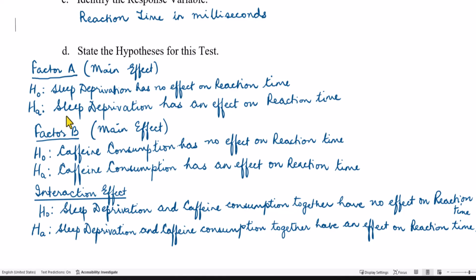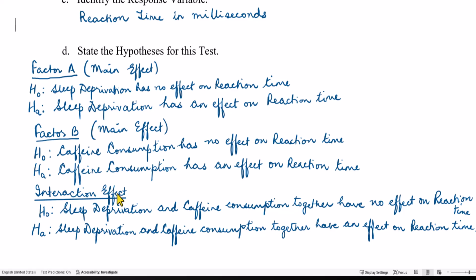Alternate hypothesis states sleep deprivation has an effect on reaction time. The main effect of factor B, which is caffeine consumption, states for the null hypothesis, caffeine consumption has no effect on reaction time, whereas alternate hypothesis will state yes, it has an effect on reaction time.